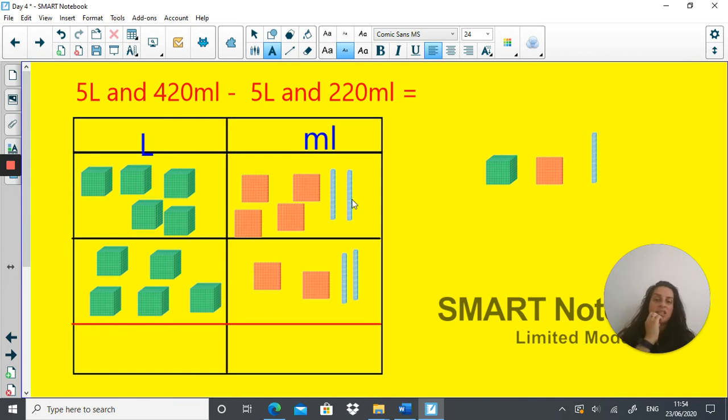So 420 millilitres take away 220 millilitres leaves us with 200 millilitres, and 5 litres take away 5 litres leaves us with 0. Okay, the answer to this question is 200 millilitres.